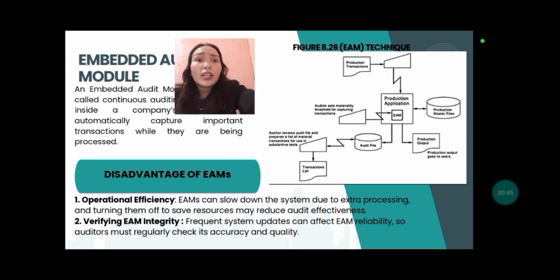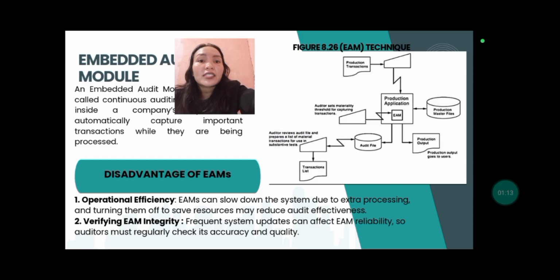This technique works within a production application to monitor transactions as they are processed. Production transactions enter the system and are processed normally, updating the production master files and generating production output for users. At the same time, the embedded audit module operates inside the application.